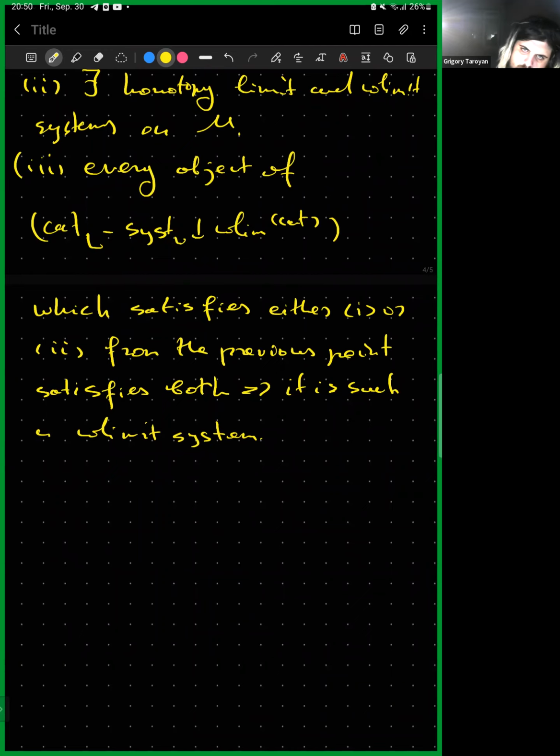Okay, so let us prove this statement about homotopical completeness and cocompleteness.